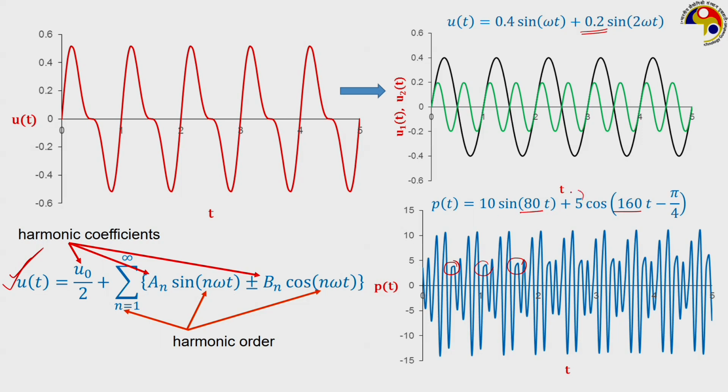The amplitude of the second one is half of the amplitude of the fundamental mode, and the harmonic has a pi by 4 phase lag compared to the fundamental one, which is actually giving rise to this particular nature. Had there not been any phase lag, then you could have definitely seen a much more regularized nature.